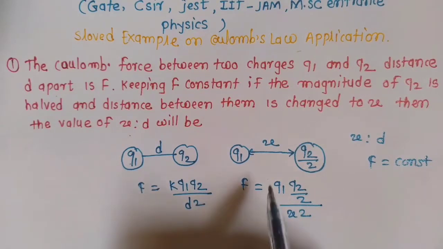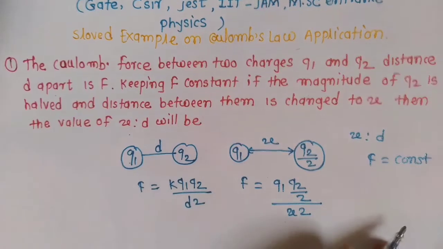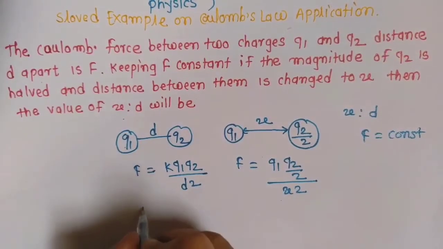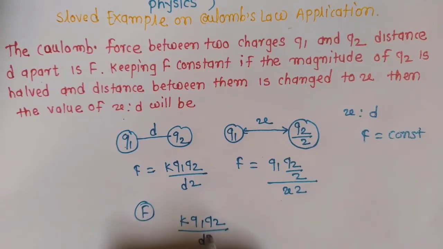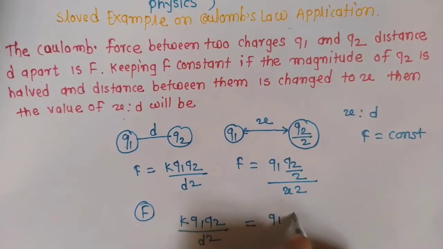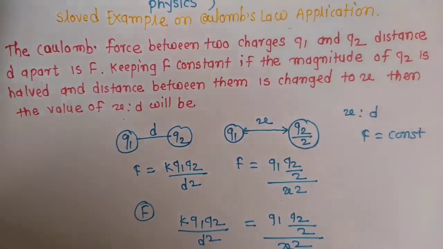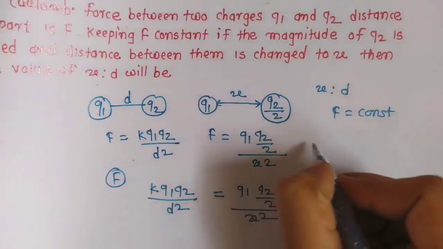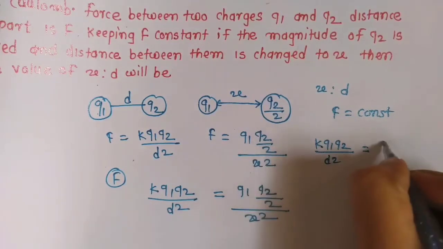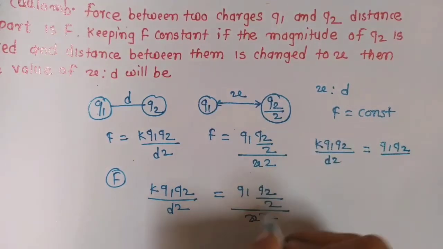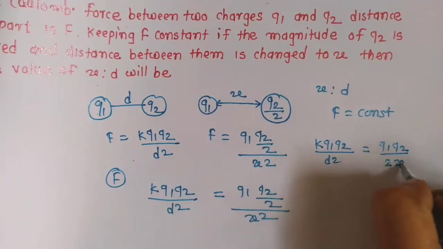Since F is constant, we equate these two: K Q1 Q2 upon d square is equal to K Q1 Q2 upon 2x square.